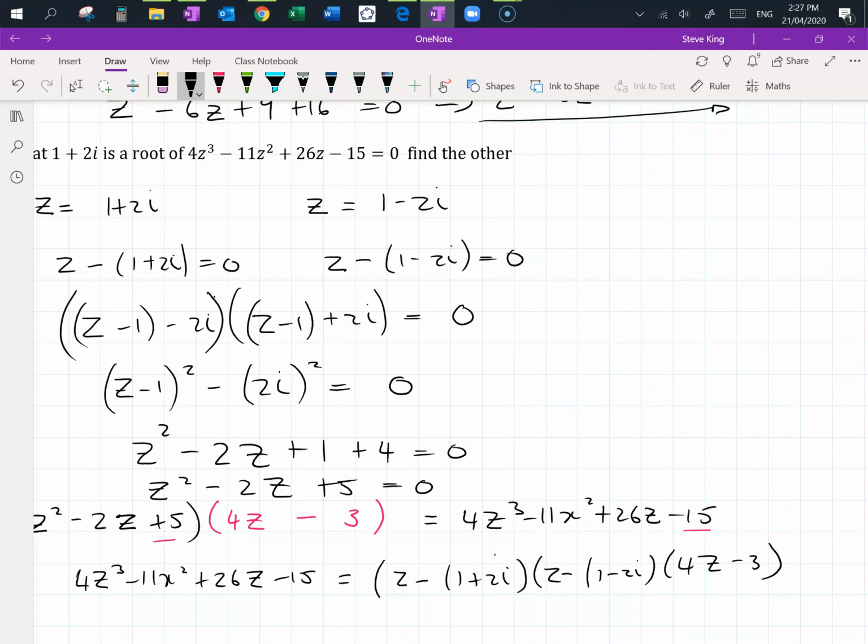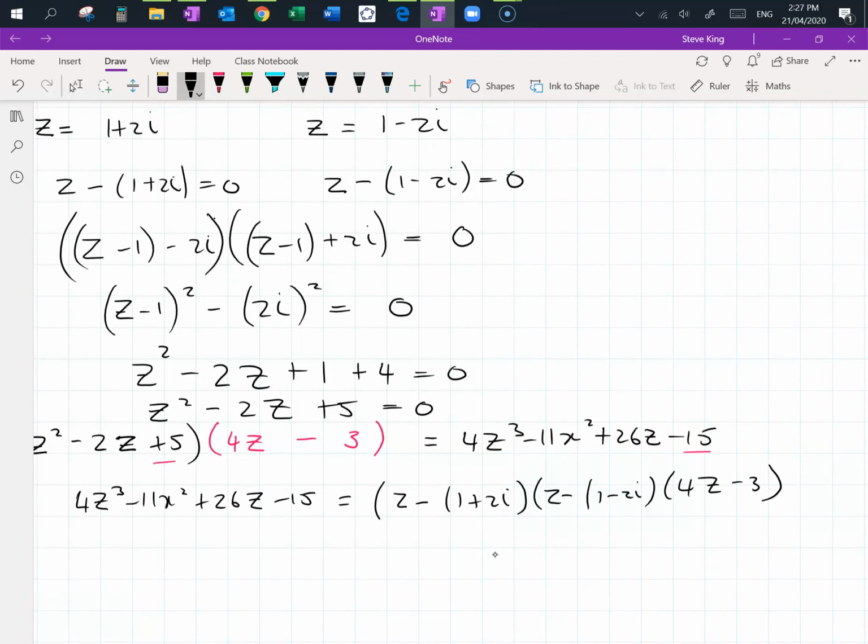So the roots that I have here are that z is going to equal 1 plus 2i, or z is going to equal 1 minus 2i, or z is going to equal 3 over 4.